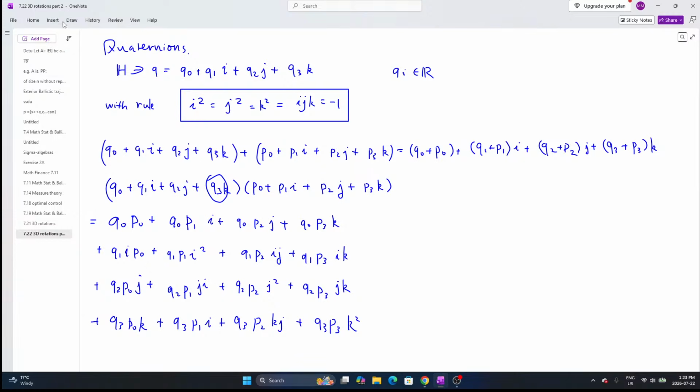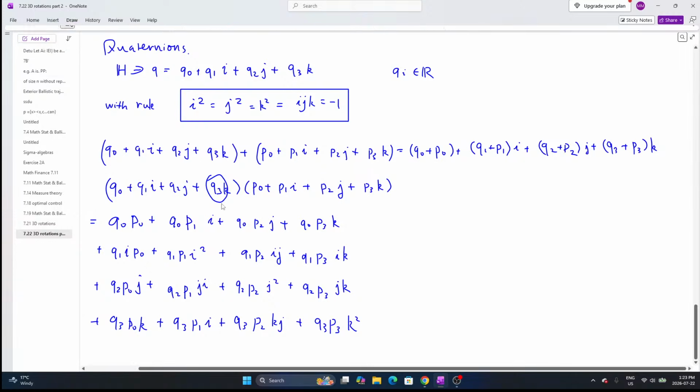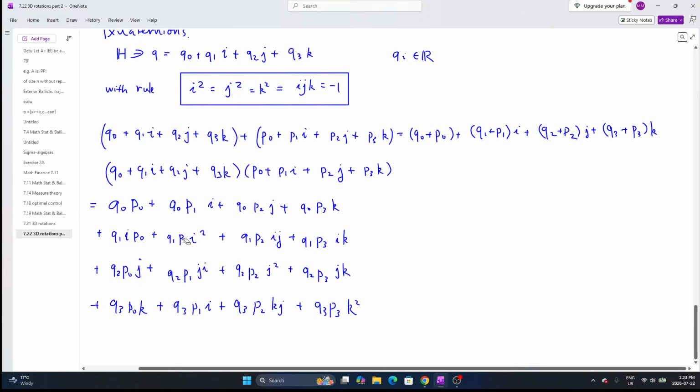Okay, so that's the expansion, and now we need to figure out all these products between so-called imaginary units.